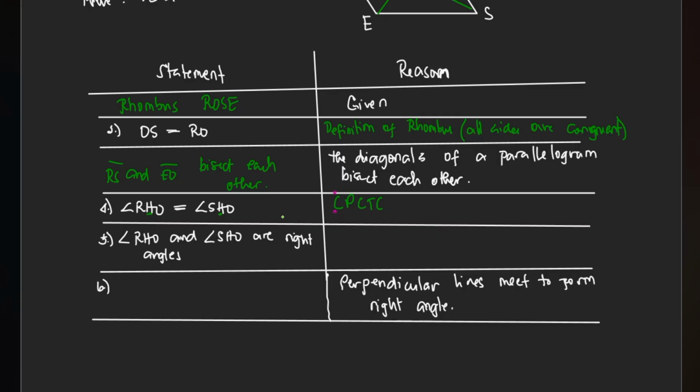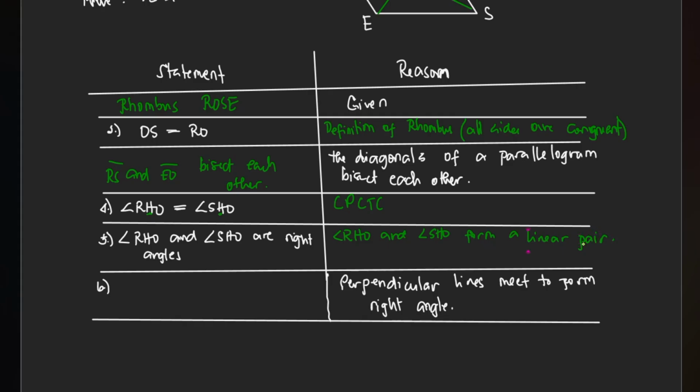Angle RHO and angle SHO are right angles. So we can say that angle RHO and angle SHO form a linear pair.